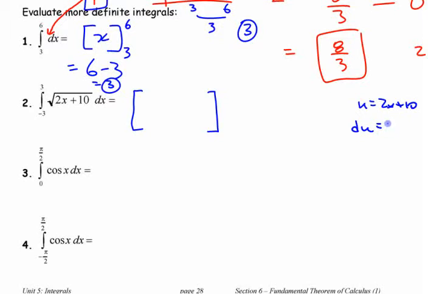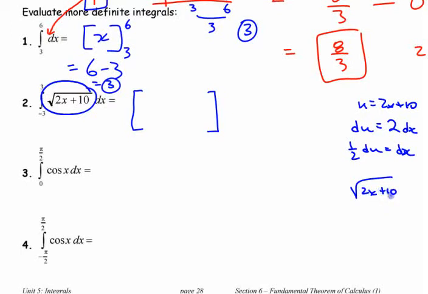This one's a pretty simple one, I think. du/dx here is 2, so du is 2 dx, so dx is a half du. So what's an antiderivative of that?